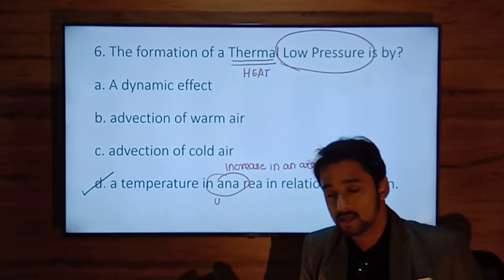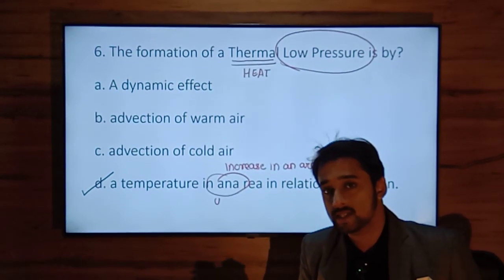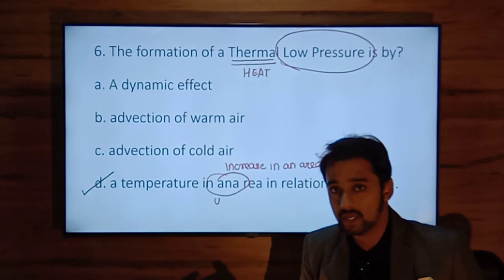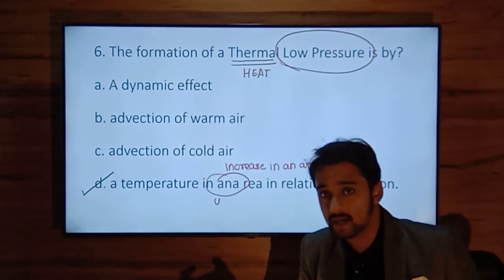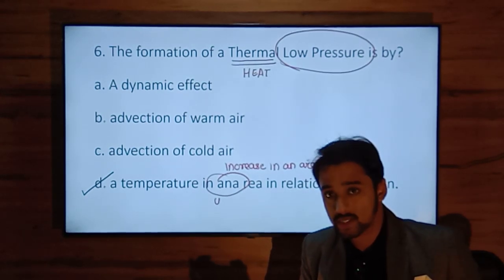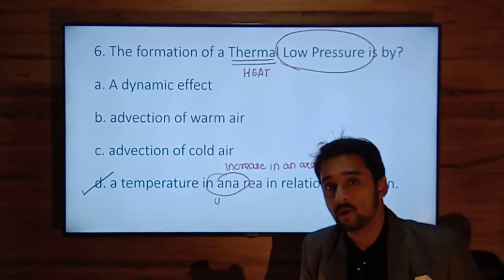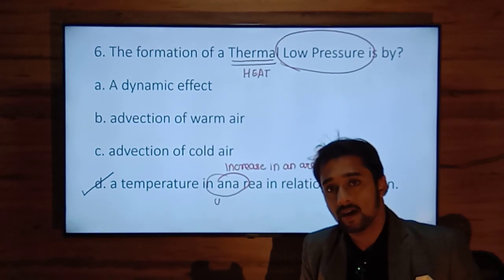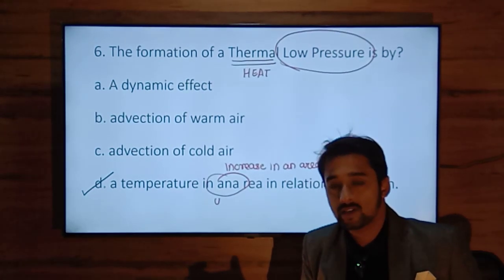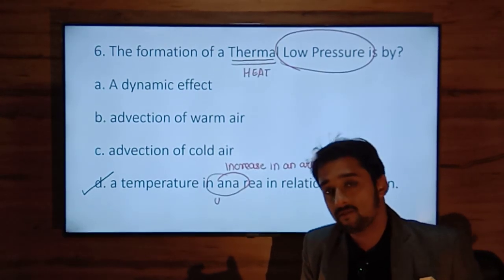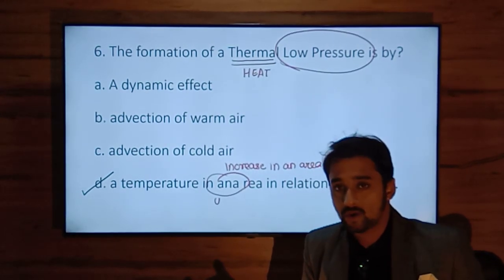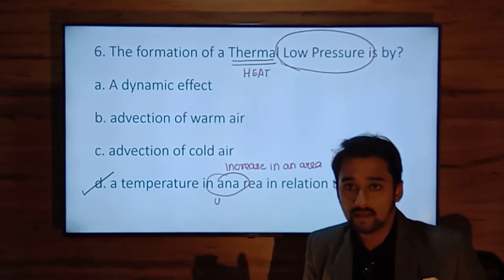In relation to that forest, this desert will definitely have a low pressure region on it, because the desert will get heated up much more quickly than the vegetation areas in its boundaries. This low pressure created on the desert will have inflow of air from any surrounding region, which might be a sea, forest, or agricultural field, etc. So remember, thermal low pressure is created in such a way.